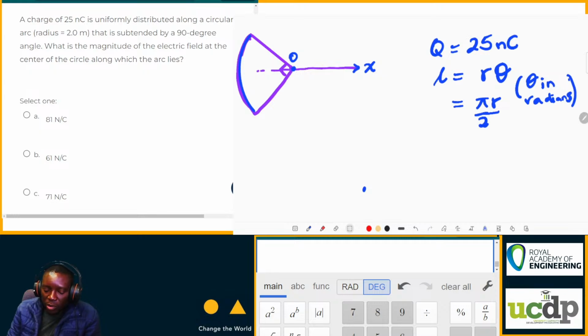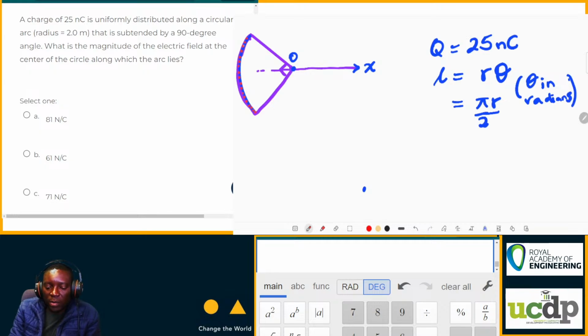Remember, we talked about infinitesimal, least small components, each contributing to the total electric field at a point, and these electric fields will superpose at each point.